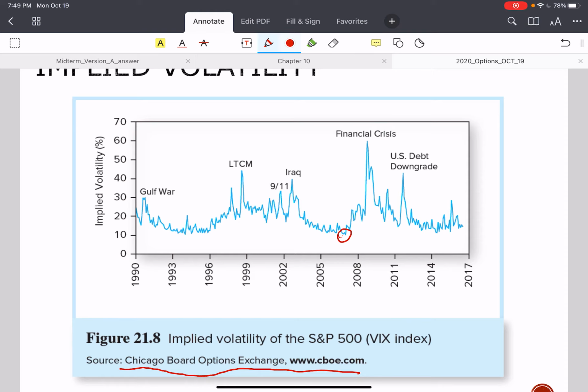You could see that in the Gulf War, you have a VIX reading of 30. In the LTCM event, the VIX reached 45.